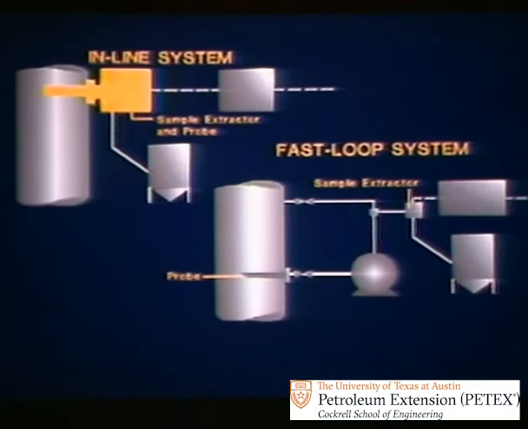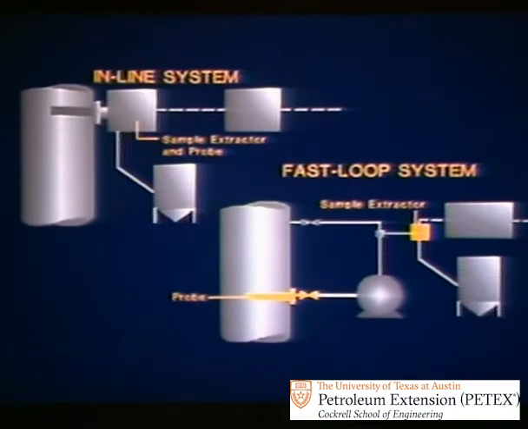Now, the main difference between the inline system and any fast loop system is in the probe and sample extractor arrangement. In the inline system, the probe and extractor are combined and inserted directly into the pipeline. In the fast loop system, the fast loop exits from the probe and a sample extractor grabs the sample from the fast loop.